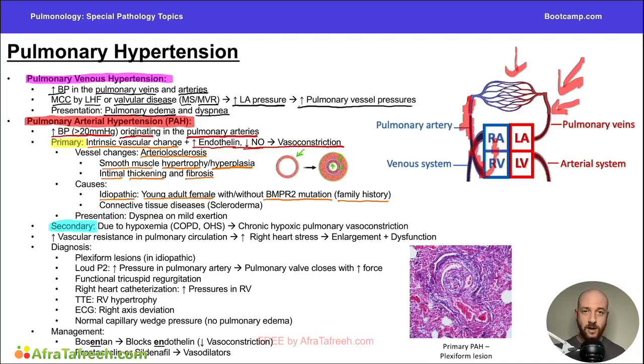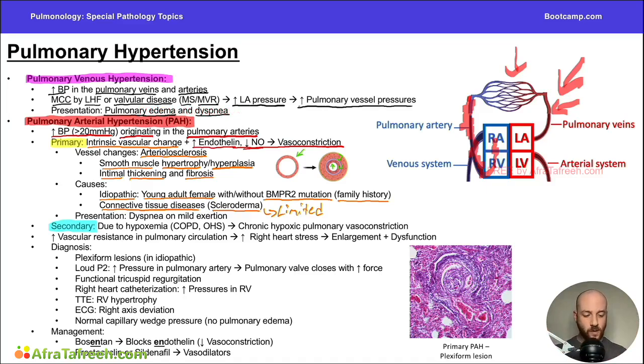Now, another cause of primary pulmonary arterial hypertension is connective tissue diseases. And one that you really want to keep in the back of your mind is scleroderma, specifically the limited form of scleroderma. And the way that I like to remember this is that the limited form of scleroderma is just limited to the vessels, whereas the diffuse form of scleroderma is more diffuse across the lungs and results in an interstitial lung disease.